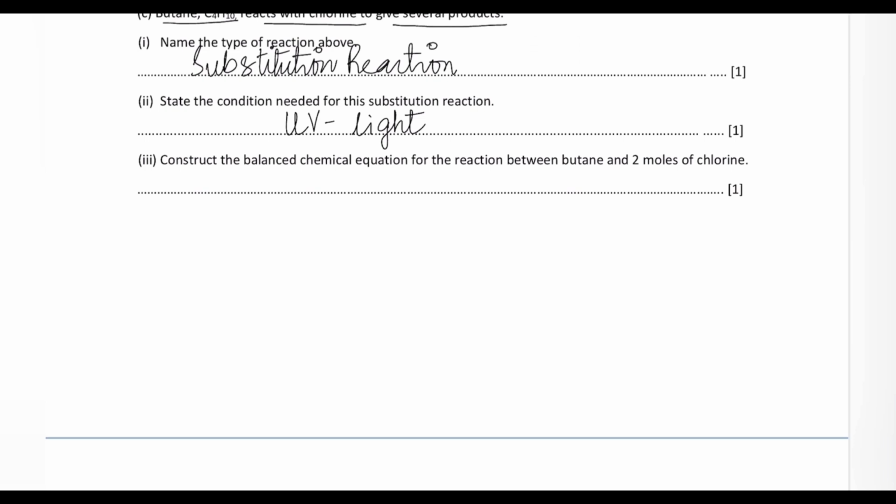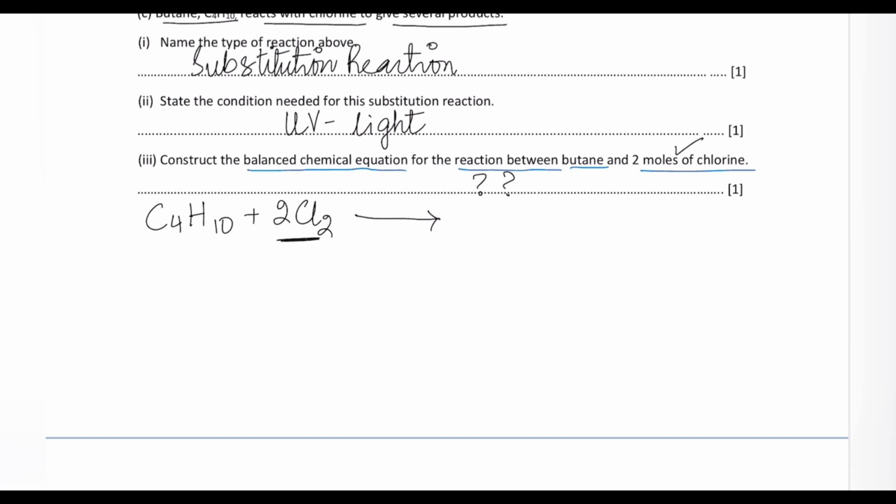Next question is, construct the balanced chemical equation for the reaction between butane and 2 moles of chlorine. Okay, now we will construct the equation. Butane is C4H10 plus, as it is mentioned, 2 moles of chlorine are used. So how will the products be formed?